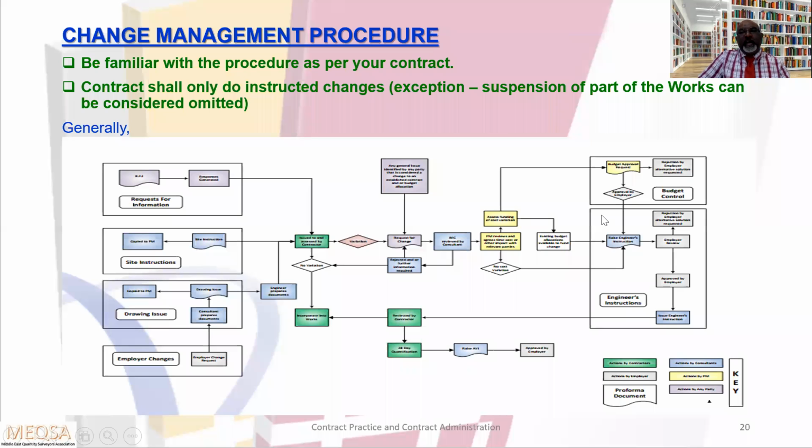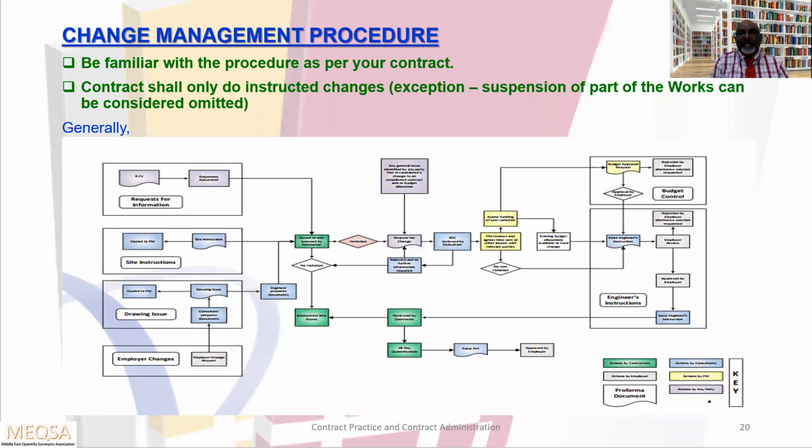Now let us move to the next chapter, change management procedure. Be familiar with the procedure as per your contract. This is also one of the most popular questions in the APC panel.